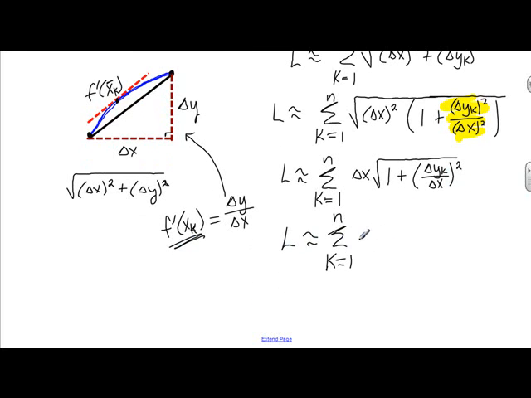So 1 plus f prime of sample point x sub k, and that is squared. All of that's under the square root, and we're multiplying that square root by delta x.